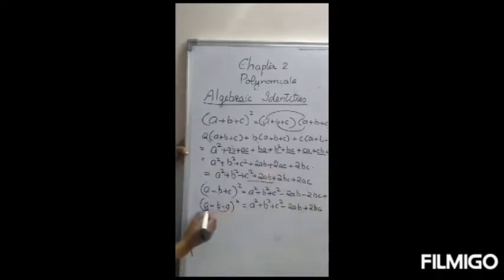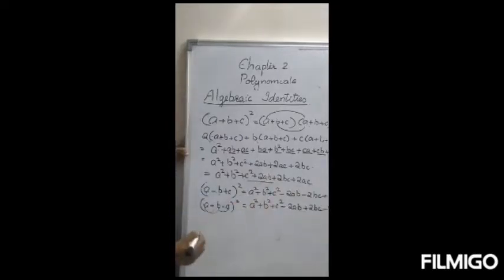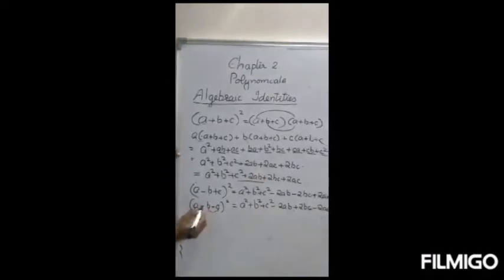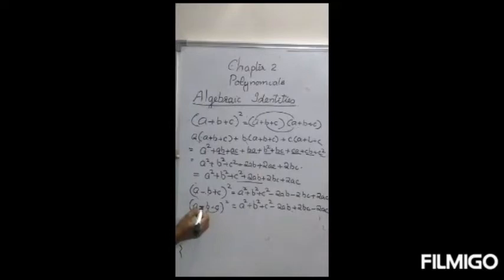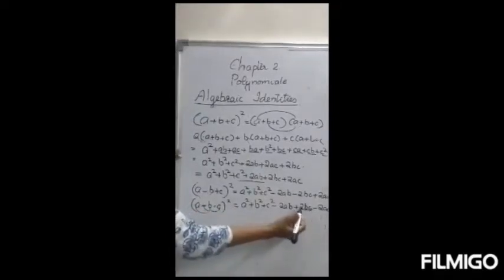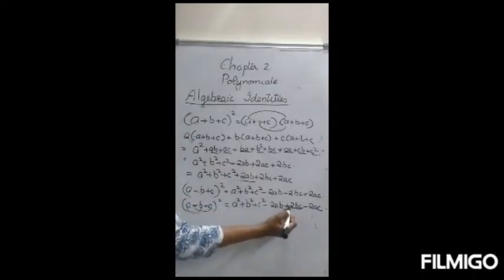Then the last one, ac: a is positive and c is negative, so the last term is minus 2ac. Or we can say like this, the terms in which both come minus will be plus, that is b and c. Here in b and c there is negative, so bc should be plus.